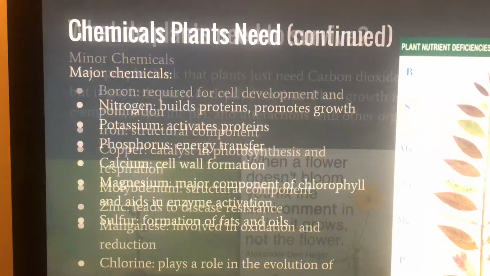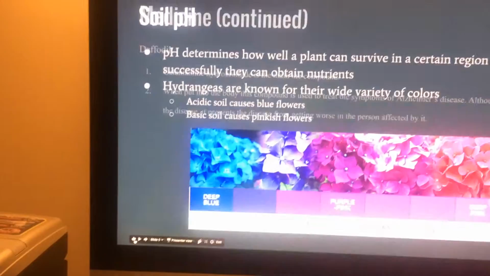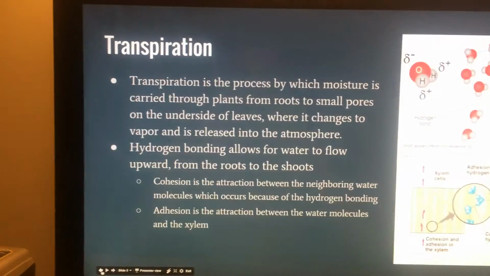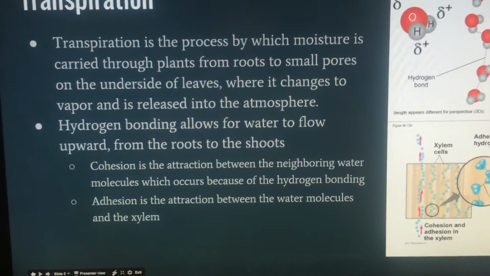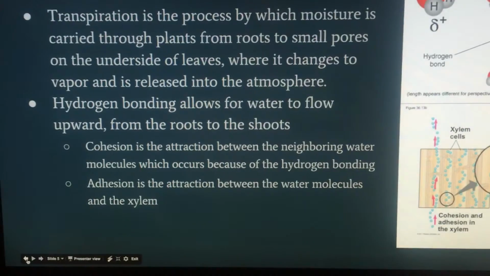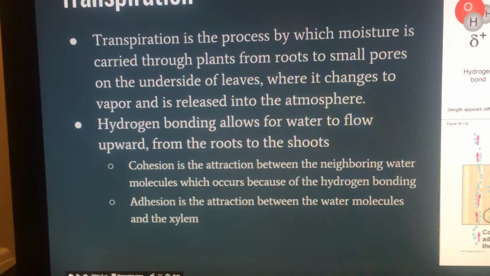Oh, my bad. Let me fix that real quick. Alright, there we go. The hydrogen bonding in the water molecules allows the water to flow upward, as in a capillary reaction.